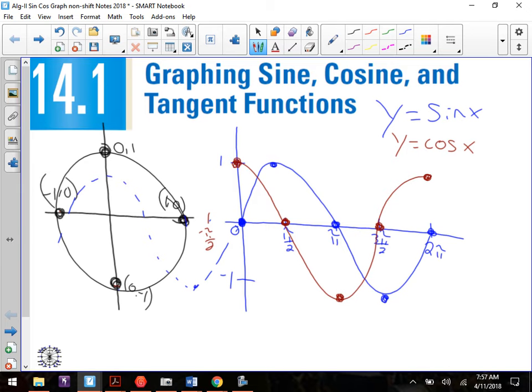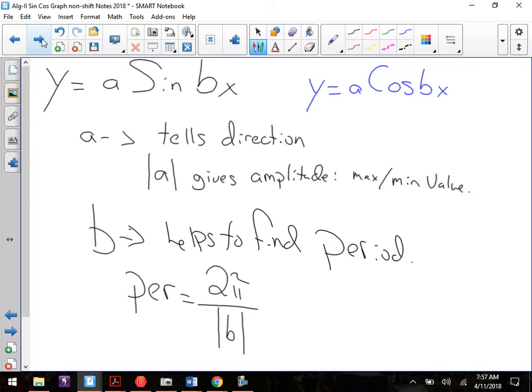Remember, what we're doing is we're taking this directly from the unit circle, and basically we're looking at quadrantals. Okay? This is where the quadrantals come back into play. So when we look at this, we get this bit of information.